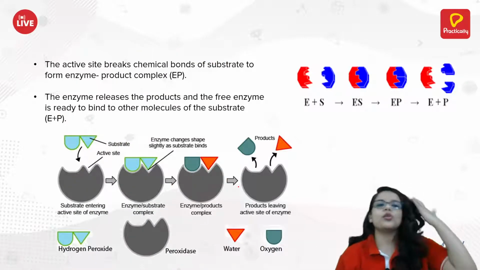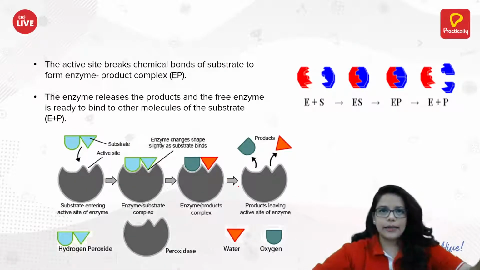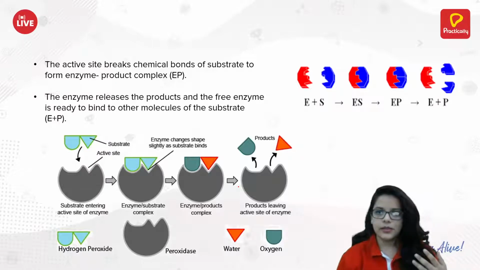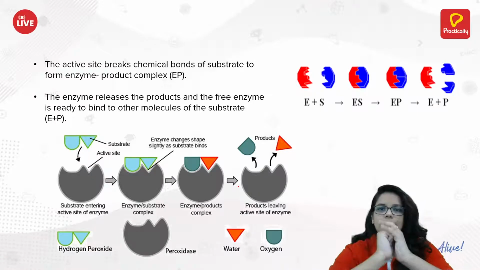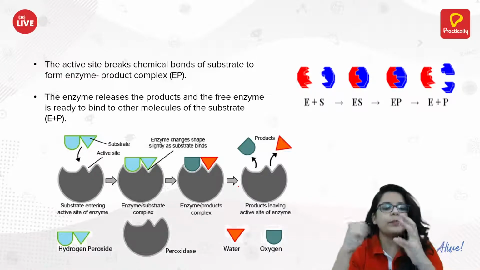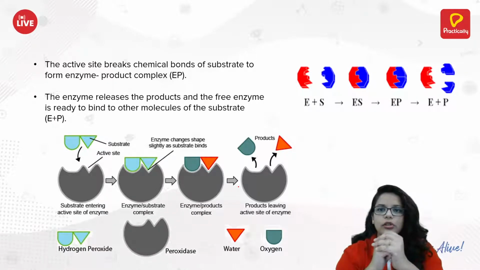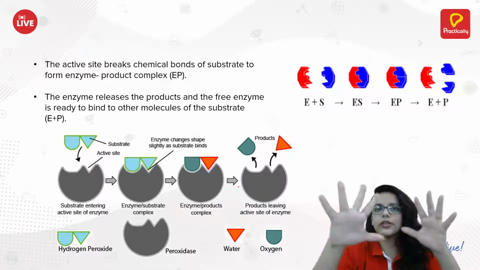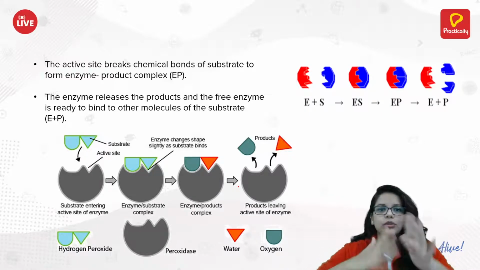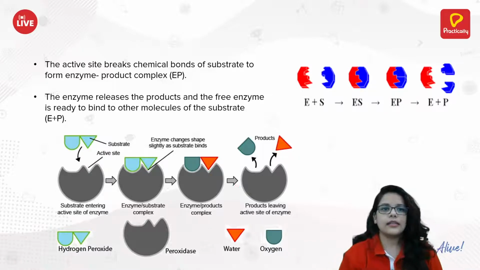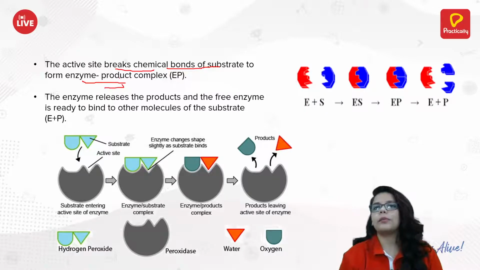So that is enzyme and substrate. What happens after the enzyme and substrate have joined each other? Because they have joined, the products will form. Because there is a joining, the substrate somehow converts into the product. The active site breaks chemical bonds of the substrate to form the enzyme product complex.